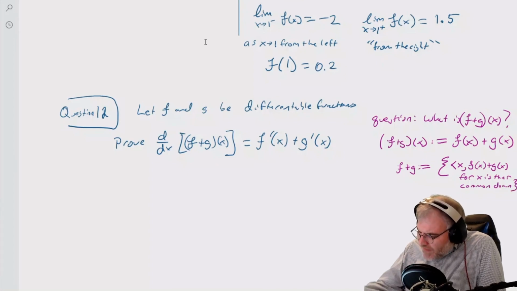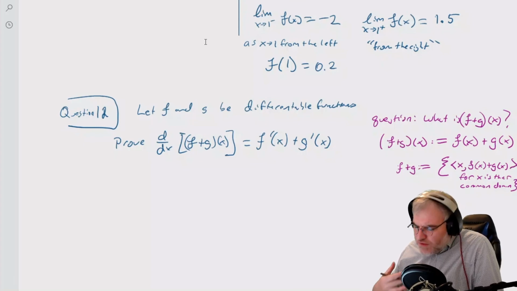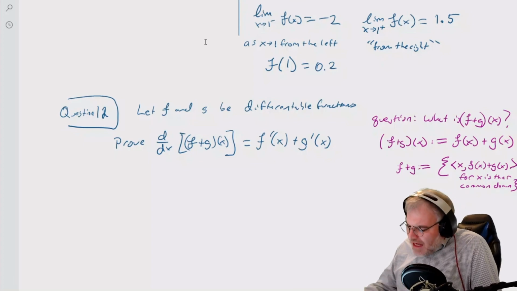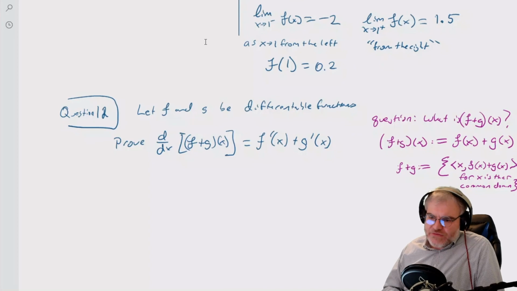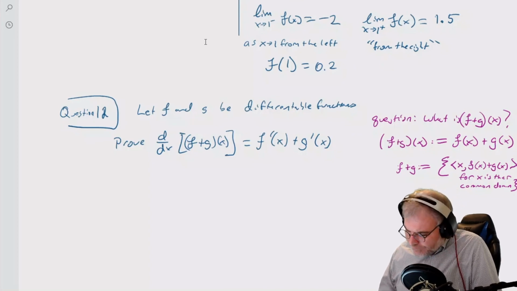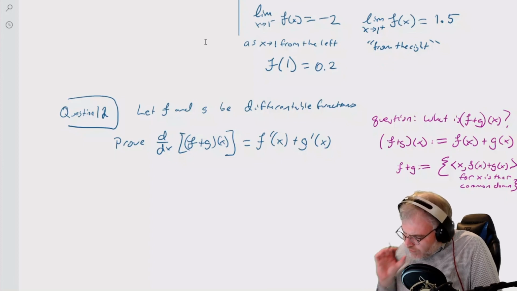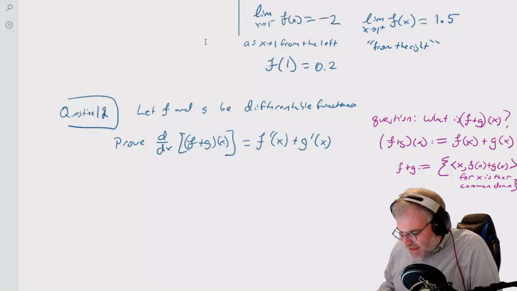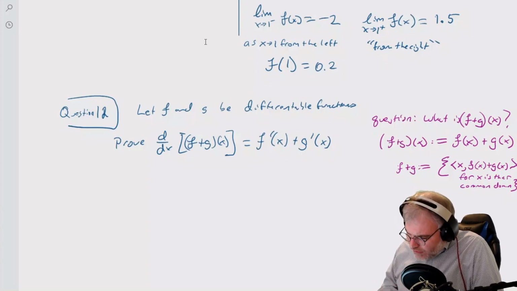Remember that this function itself is not just two functions added together, it actually means a set of ordered pairs. So what I have to show is that as I move to the right, the change in the y-coordinate is the same as the change in the y-coordinate for this, plus the change in the y-coordinate for that. So the question's not quite as easy. It's not really hard, but it's not quite as easy as it looks.